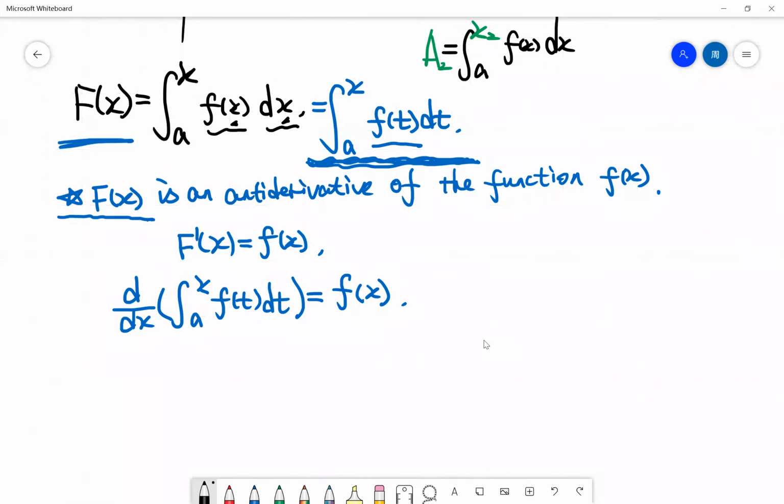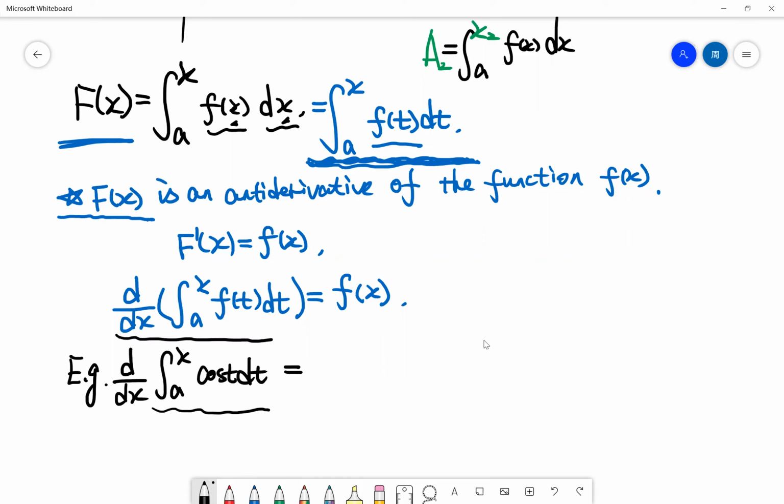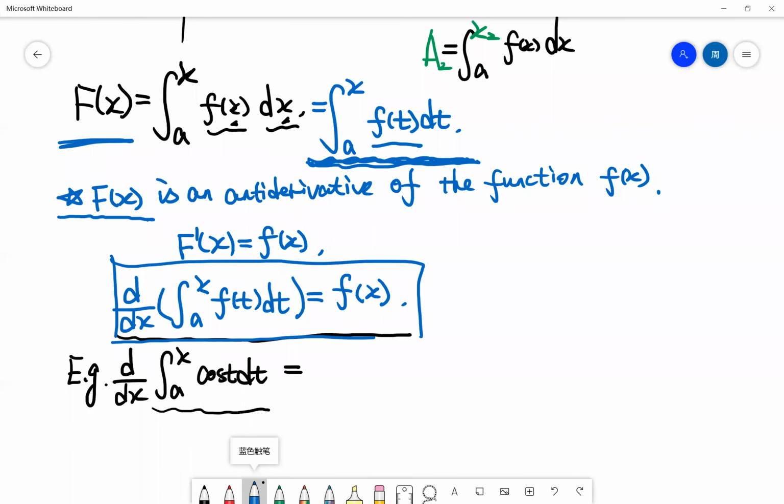For example, if I want to calculate d by dx of the integral from a to x of cosine t dt, what does that equal? Here you don't have to know how to calculate this definite integral, because you cannot. From this property, you should know that it equals f of x. So follow my steps.